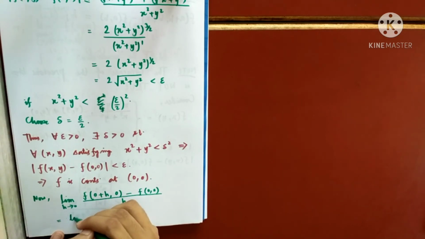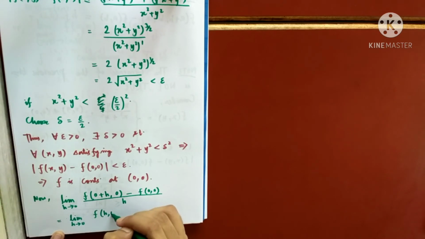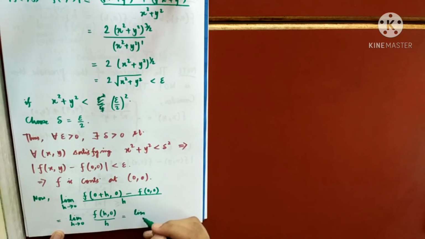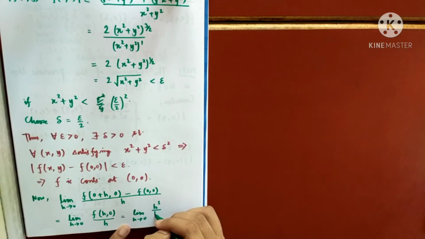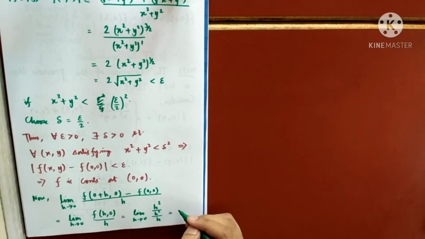What was the function? x^3 - y^3 over x^2 + y^2. So (h^3 - 0^3)/(h^2 + 0^2), all divided by h, which on simplifying is nothing but 1, and the limit will again be 1. Am I clear?